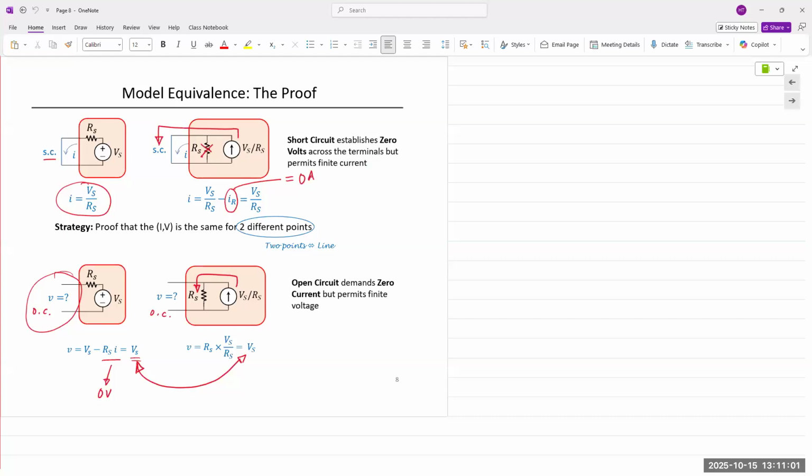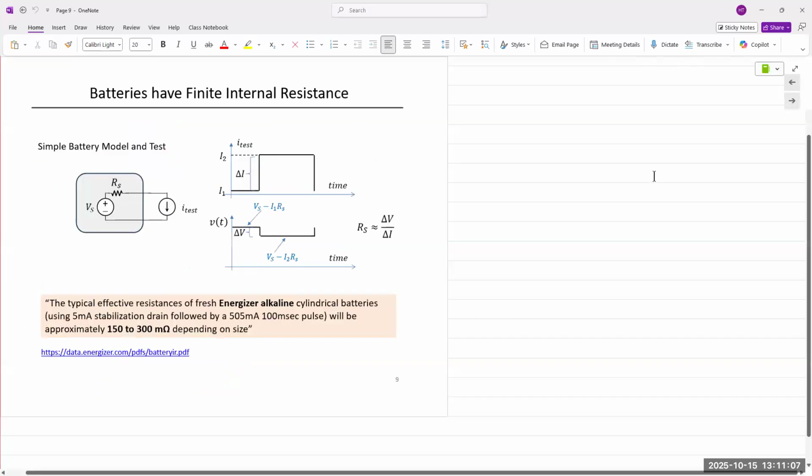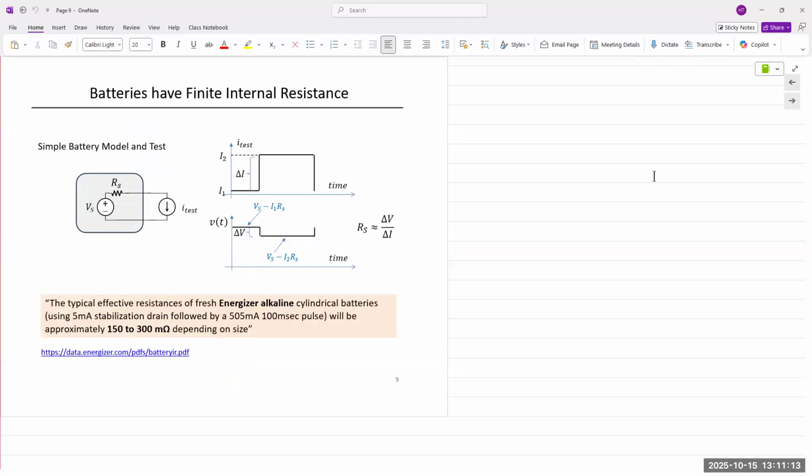Okay. So let's look at an example of a standard battery cell. Standard batteries, no matter what electrochemistry they have, whether it's alkaline, nickel cadmium, nickel metal hydride, lithium ion, lithium polymer, or even the lead acid batteries that we have in our vehicles, all of those batteries have a resistance.